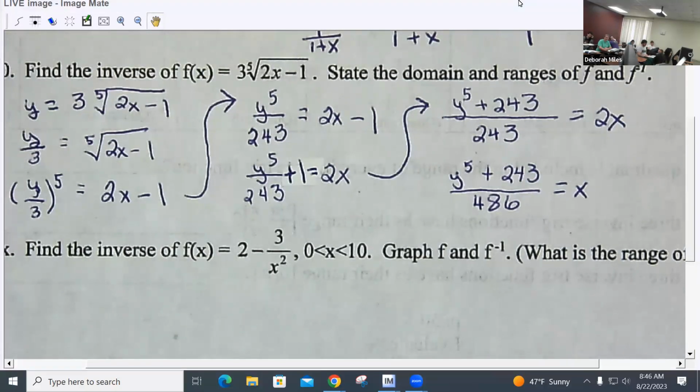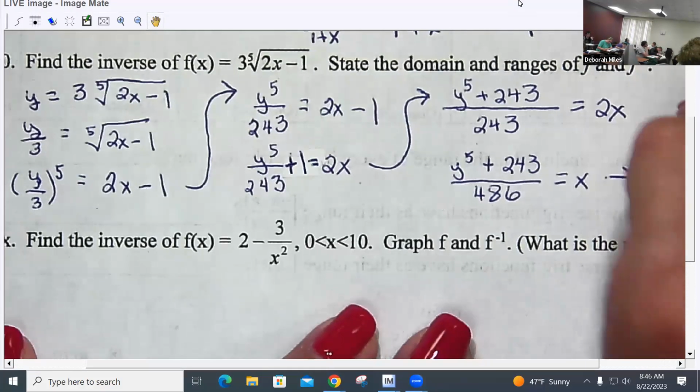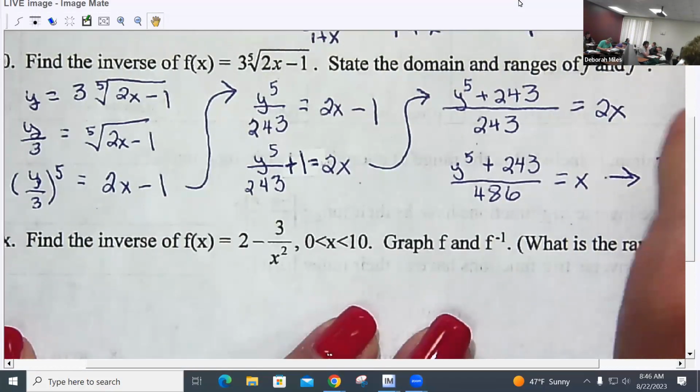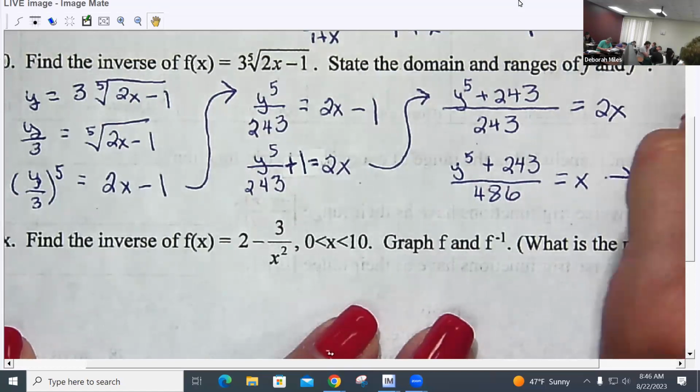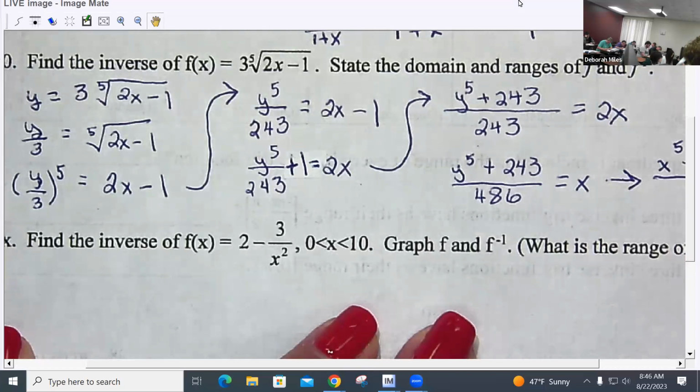And then I want to interchange my variables, because if I left this as my answer, my inverse function would be in terms of y. I don't want my inverse function in terms of y, I want it in terms of x. So I can write it as x to the 5th plus 243 over 486 equals y.